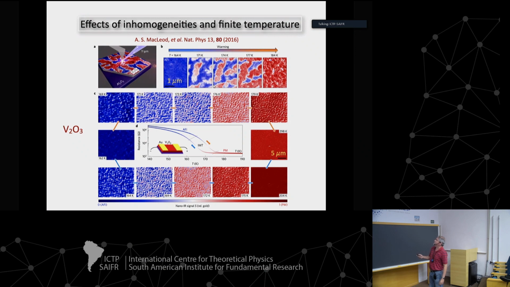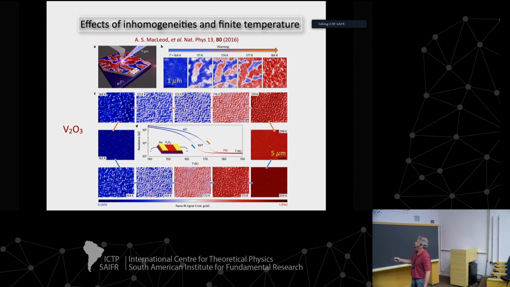So you see these puddles forming. This is higher resolution than here. As you cycle across the transition, you see the formation of these puddles. Of course, deep in the metal you have a more homogeneous situation, and the same thing in the insulator.